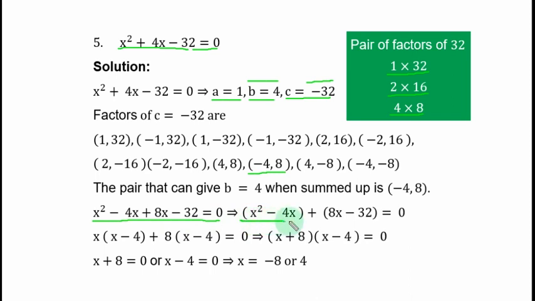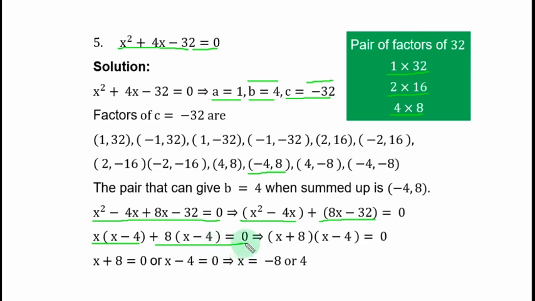The first two terms are the first group, the last two terms the second group. From the first group, s is common. If you factor out s, you are left with s minus 4. From the second group, 8 is common. When you factor it out, you have 8 times s minus 4.